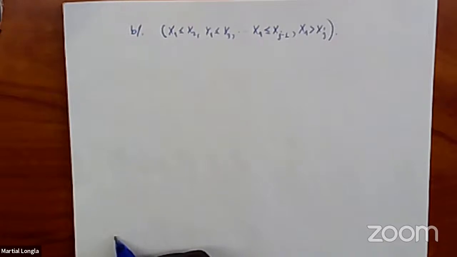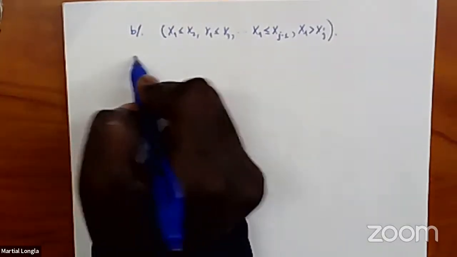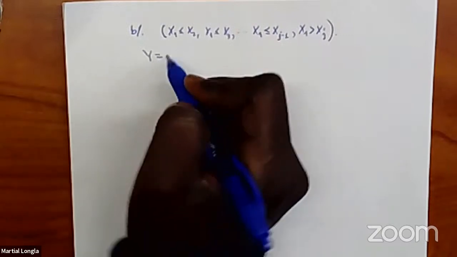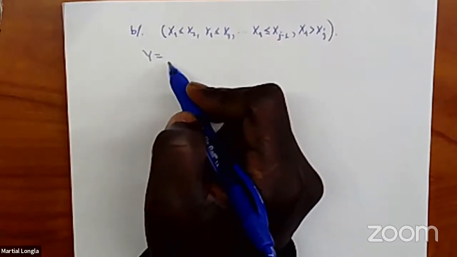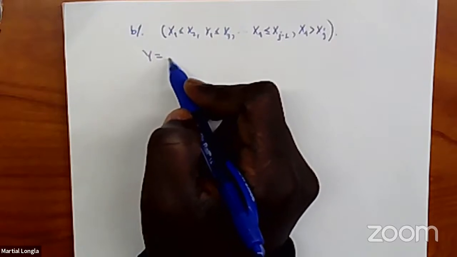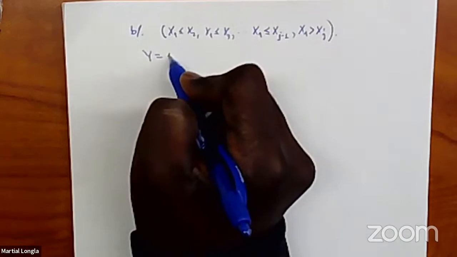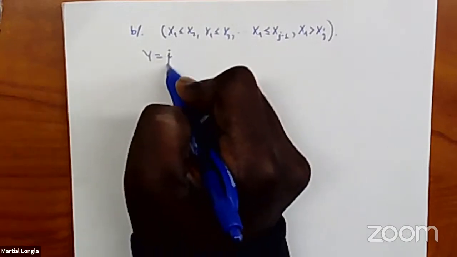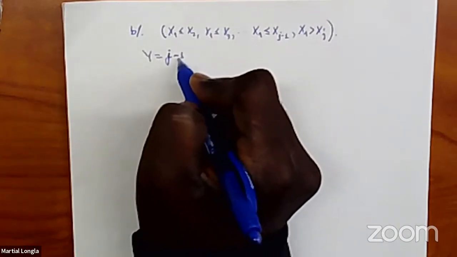And we want Y equal to the number of trials, not including x1, until x1 is no longer the smallest observation. So Y equals j minus 1.